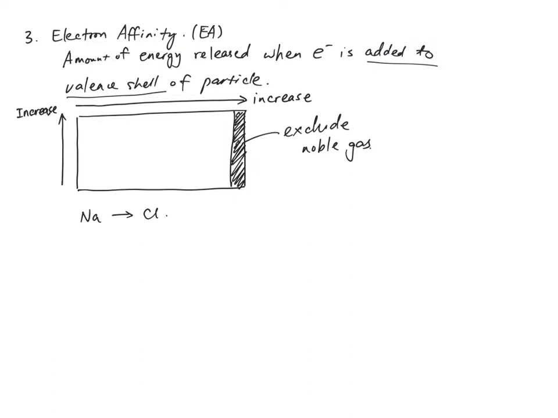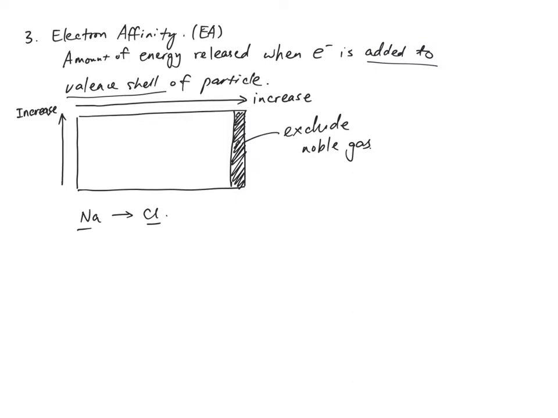Remember, every time energy is released, that means lower energy, which means higher stability. How does adding an electron into the valence shell matter to sodium and to chlorine? These are the two elements on the two ends, so we're talking about left to right.